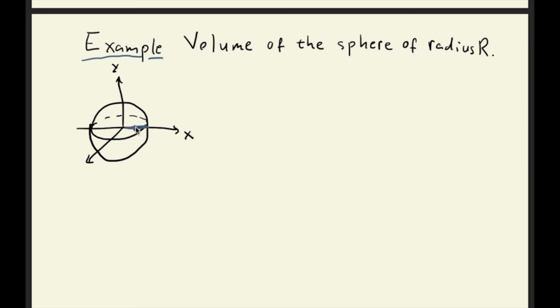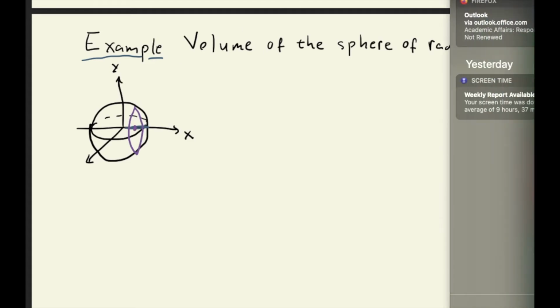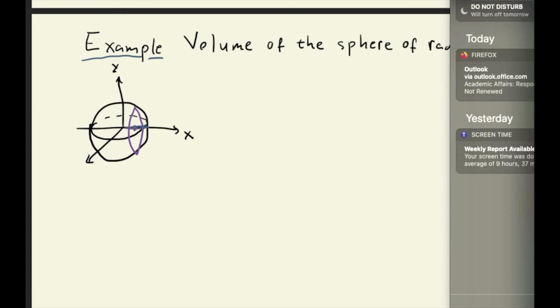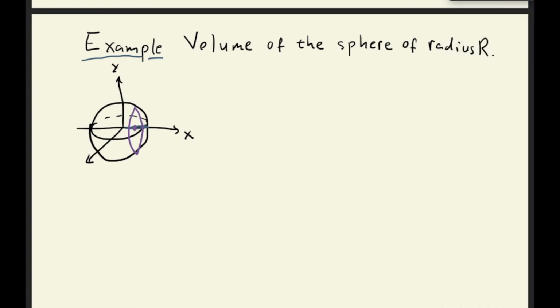So if we fix a value here of the coordinate x, we can look at the cross section through that. You take a plane perpendicular to the x-axis and you intersect with your sphere, your ball, and you see this cross section.